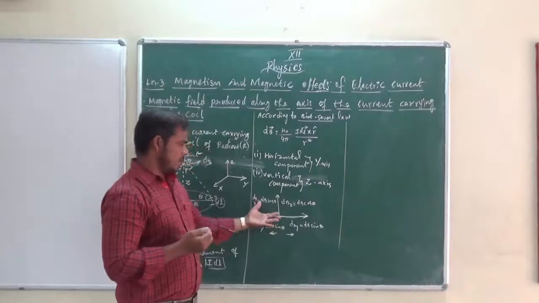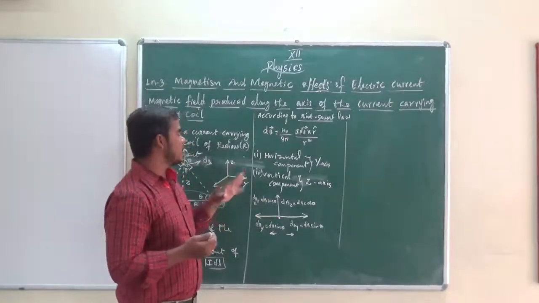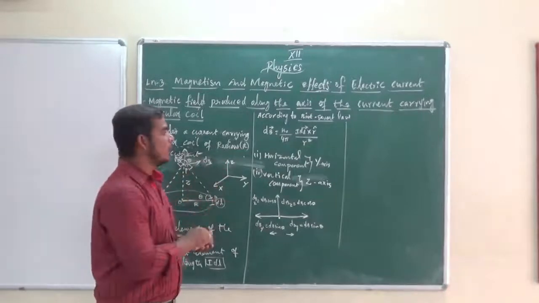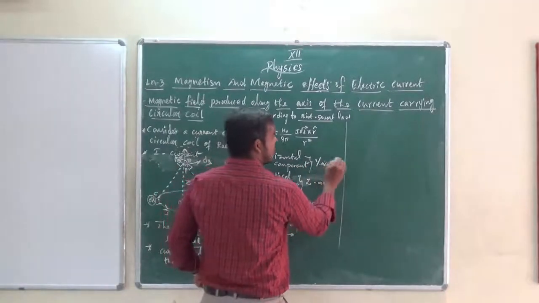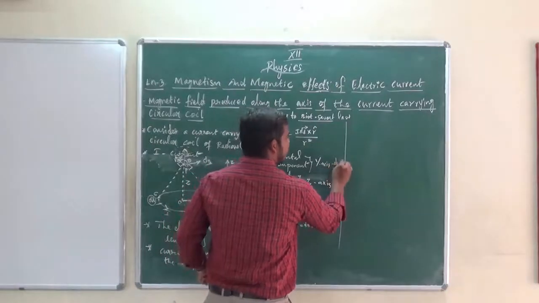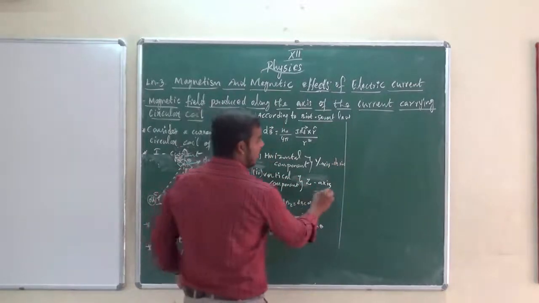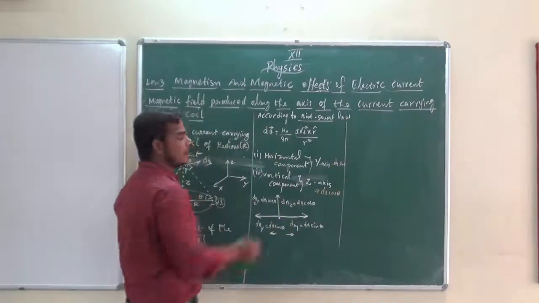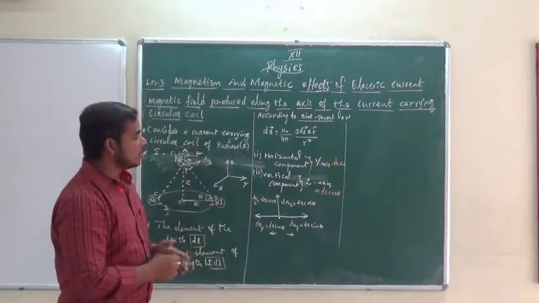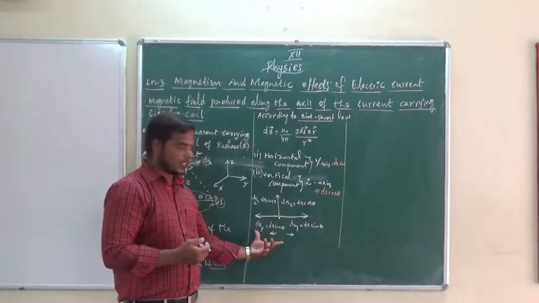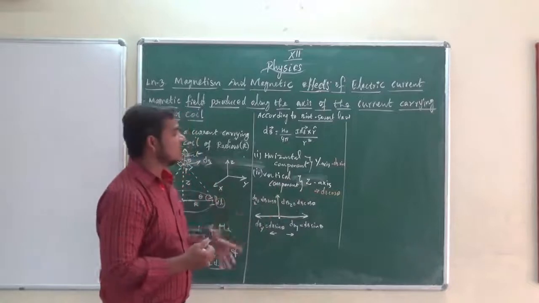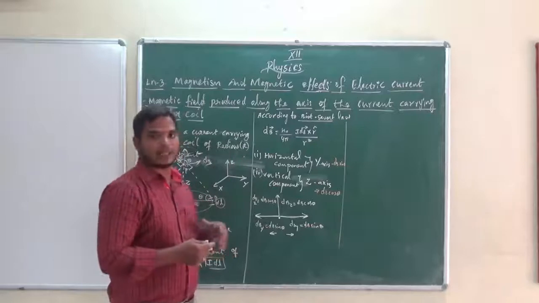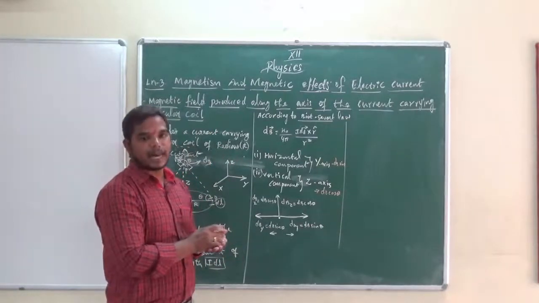To find the magnetic induction at the point P we use the horizontal and vertical components. The horizontal component along the y axis is dB sin theta, and the vertical component is dB cos theta. dB sin theta is cancelled because they are in opposite directions, but dB cos theta we can add because they act in the same direction.